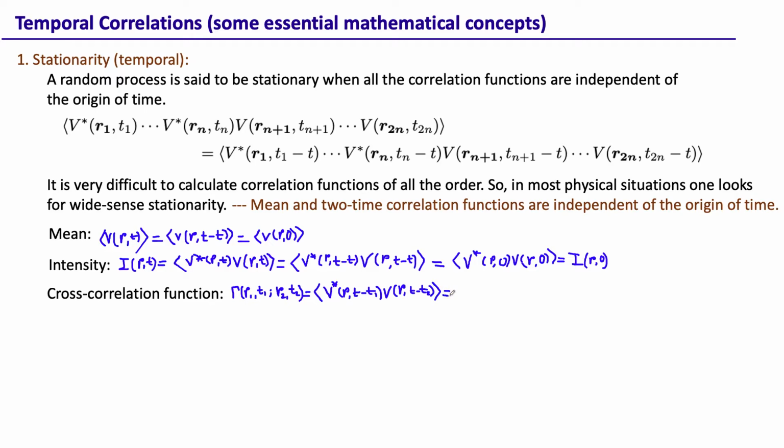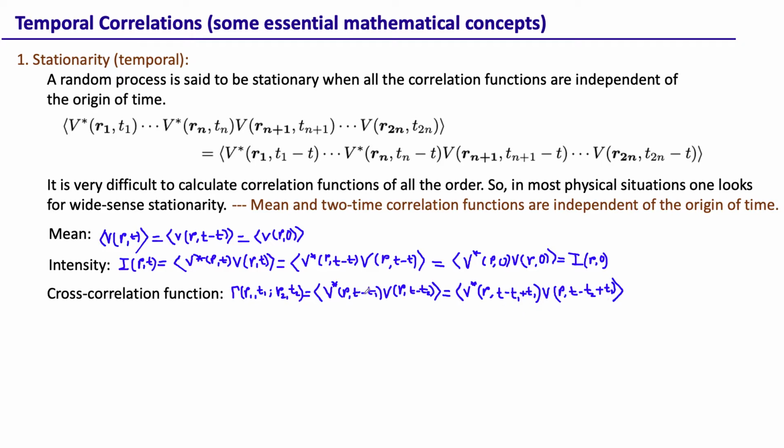Now, if it has to be independent of the origin of time, then we should be able to add or subtract some time argument, and the thing should still not change. So, let us say we do T minus T1 and let me just add plus T1. Similarly here, V R, T minus T2 and plus T1.